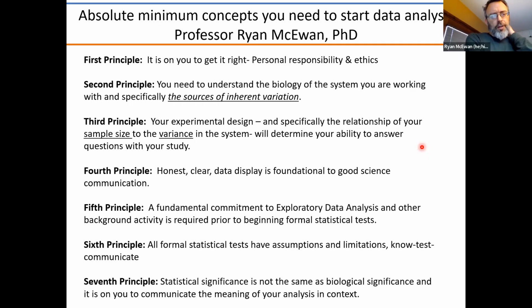Just a reminder of these 7 principles. We won't go through these all again, but all of this stuff underlies the tests. And it's really important, the overarching philosophy of the class, that these basic philosophical principles, or the Tao, the way of doing statistics I'm trying to teach you, including things like this stuff about variation and sample size, underlie any statistical test.